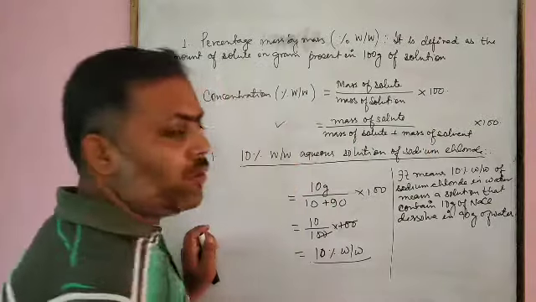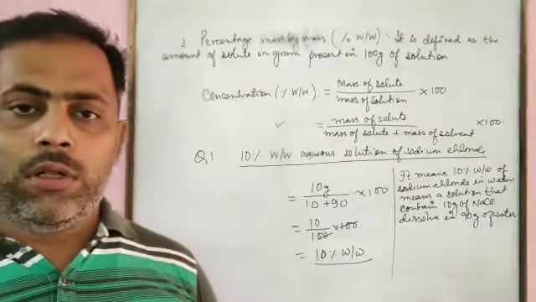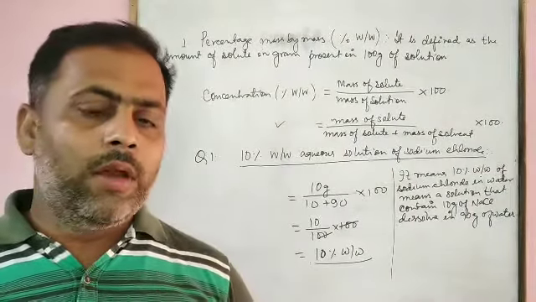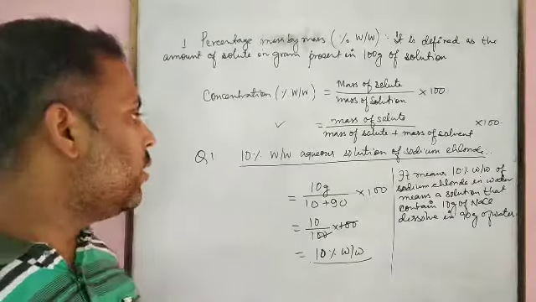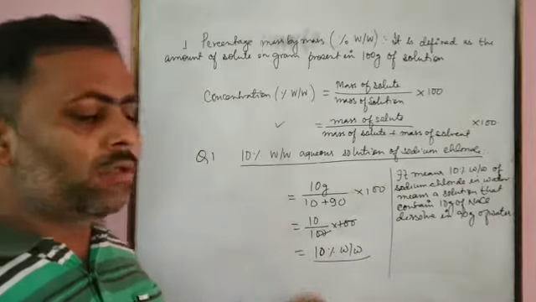When we have 90 gram of water and dissolve 10 gram of sodium chloride, it is termed 10% W by W.